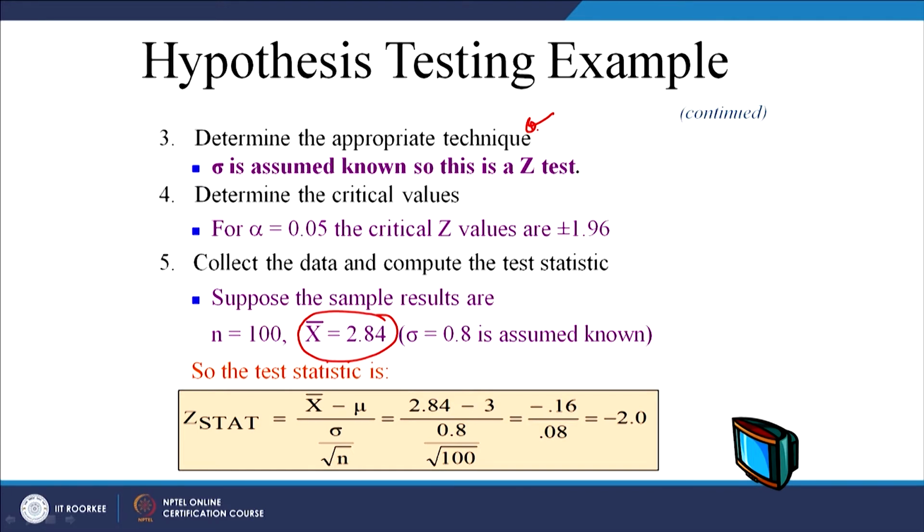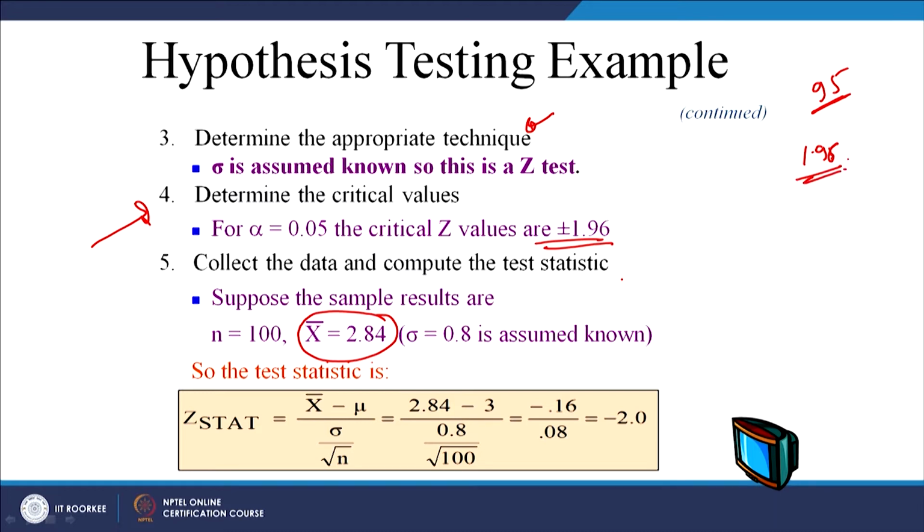Let us move on to step number 3, determine the appropriate technique or test to be used. In this case we would be using the Z test. Why? Because the sample size is more than 30 and we have been given the standard deviation of the population. The next step is to determine the critical value from the Z table. Since alpha is 5%, the table value, as we have checked earlier, is 1.96.